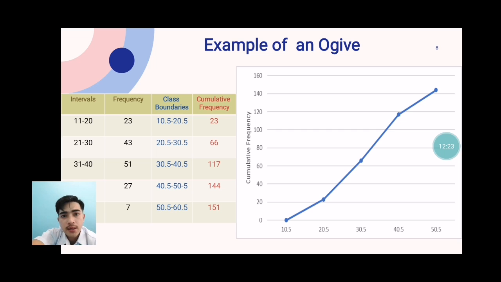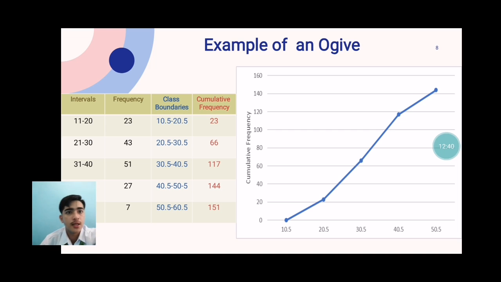Last is 7, plus all the previous frequencies 27, 51, 43, and 23, which results in 151. So that's how to compute the cumulative frequency.